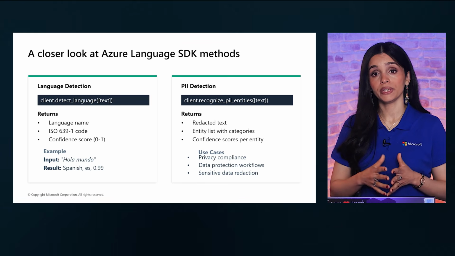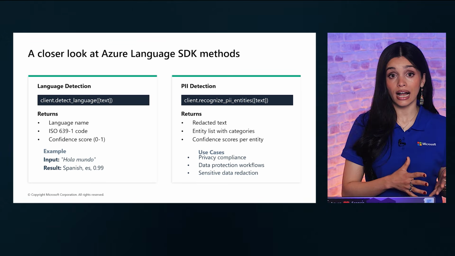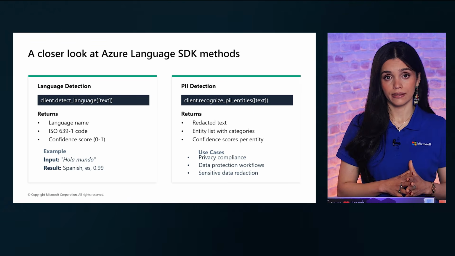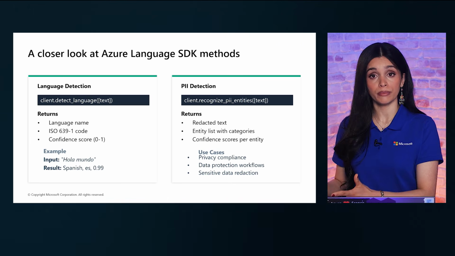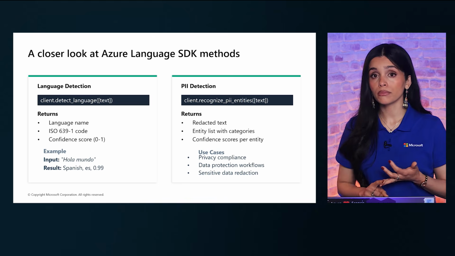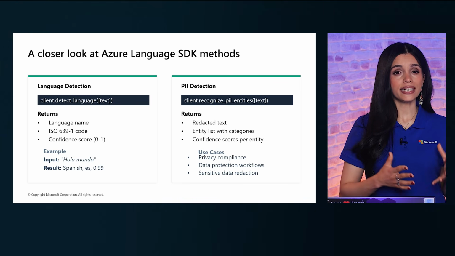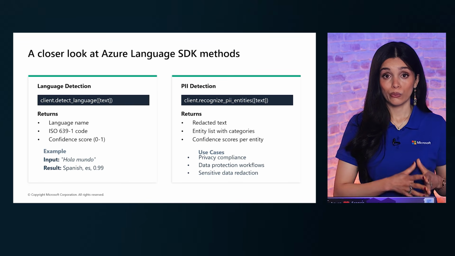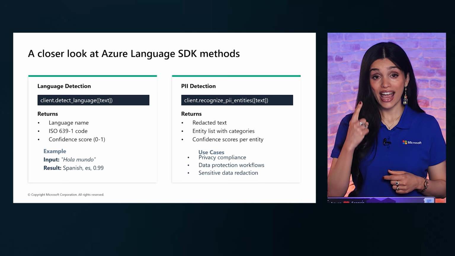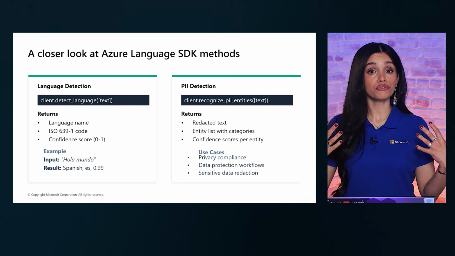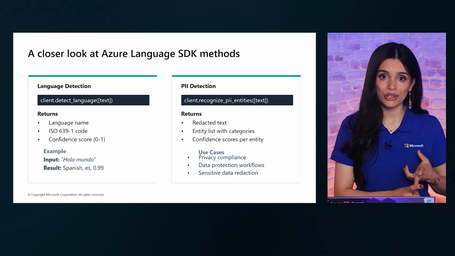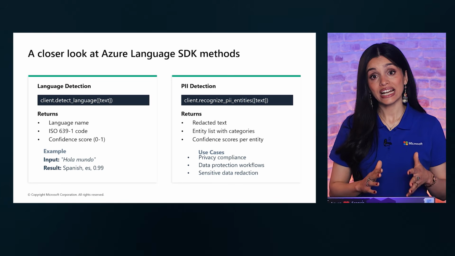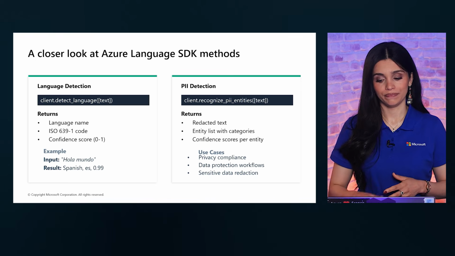And we can also call PII detection with the recognize PII entities method, which focuses on privacy. It identifies sensitive personal information like names, phone numbers, and email addresses, making it easier to redact data and stay compliant. So, with one library, one endpoint, and one authenticated client, we can perform entity recognition, language detection, and PII detection, all returning structured and reliable results for production systems.